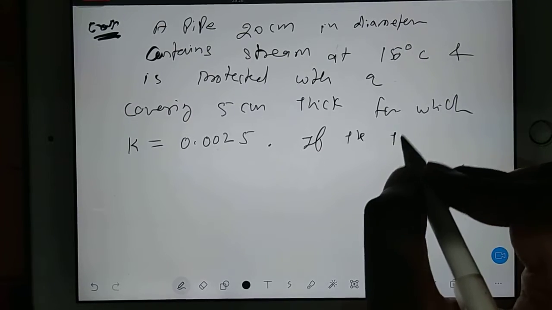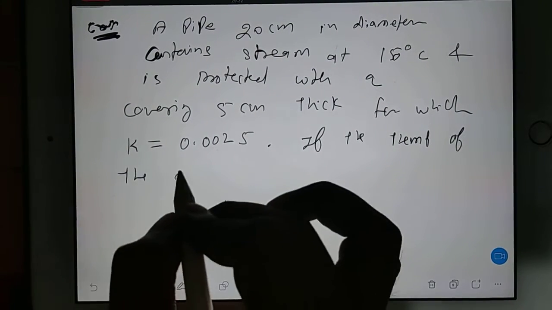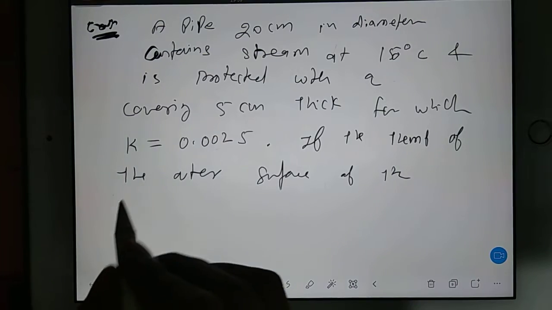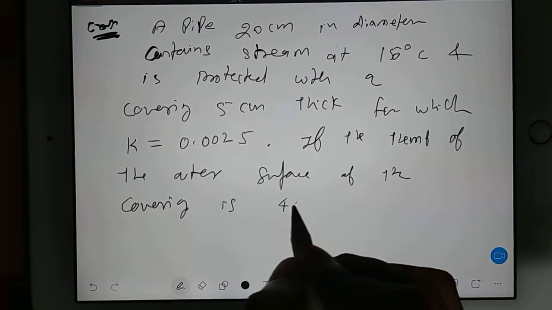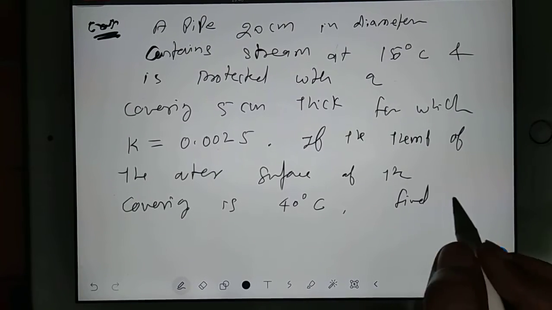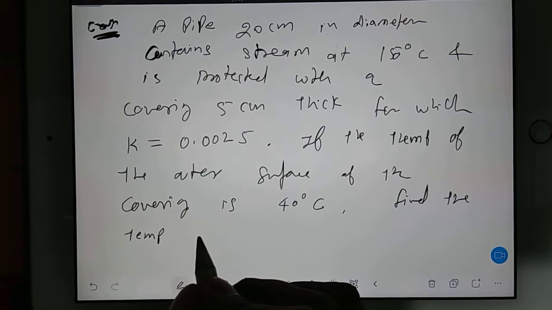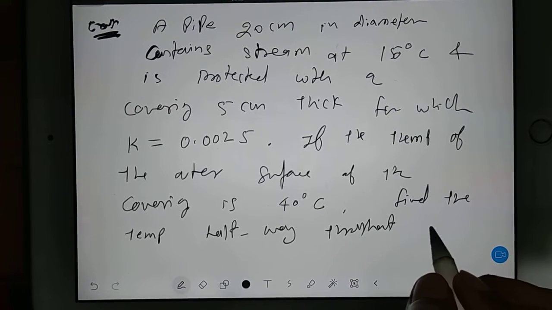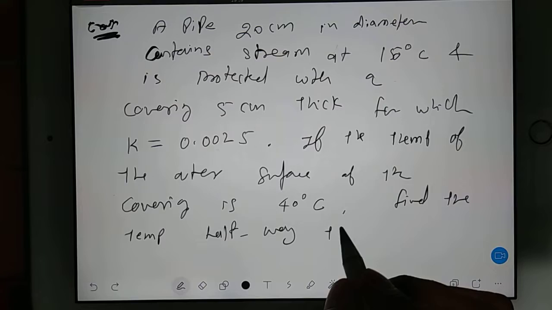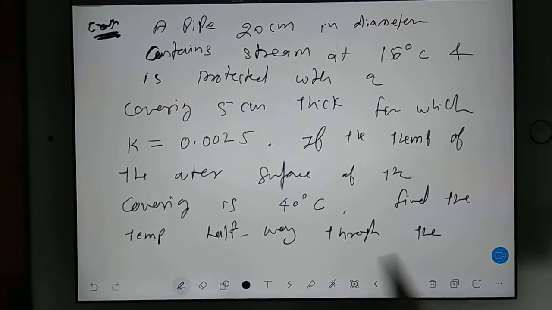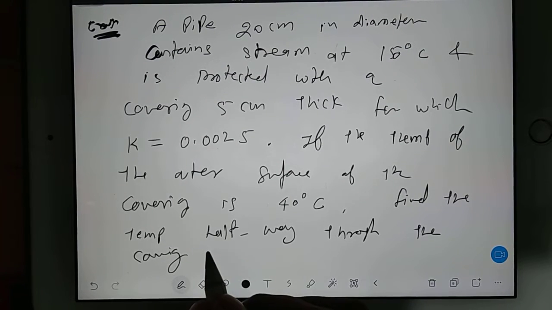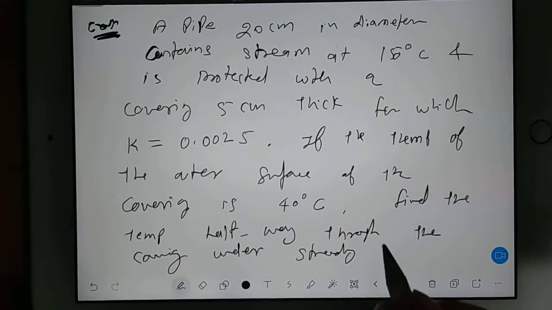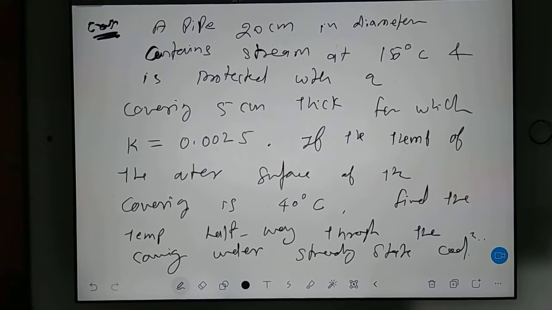If the temperature of the outer surface of the covering is 40 degrees Celsius, find the temperature halfway through the covering under steady state condition.